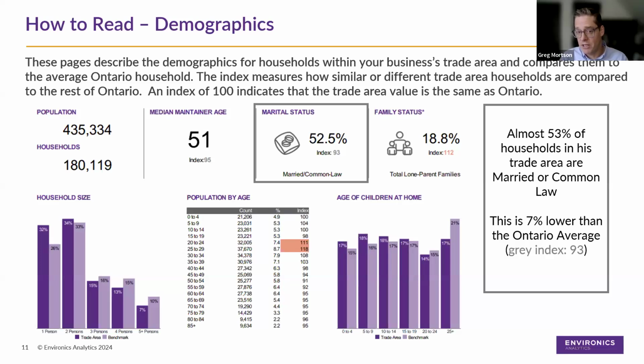So again, it's putting that number into context when compared to the rest of the province. And you'll see this concept again and again as you're looking through your reports. The value for a variable, in this case family status and marital status, and then how that compares through an index with the province.